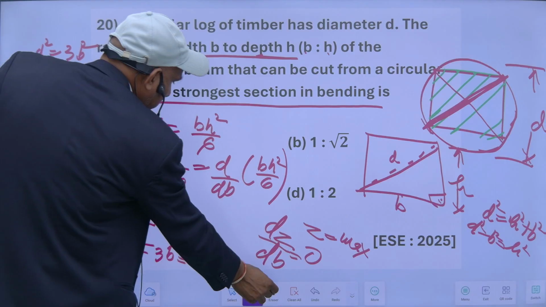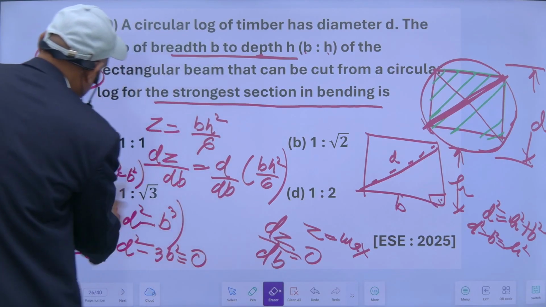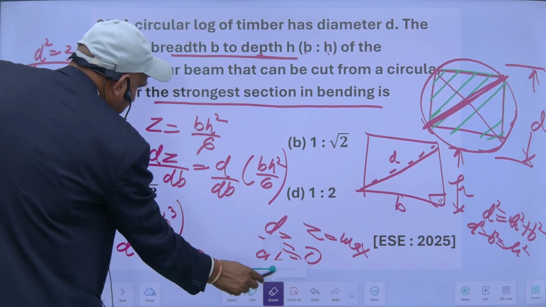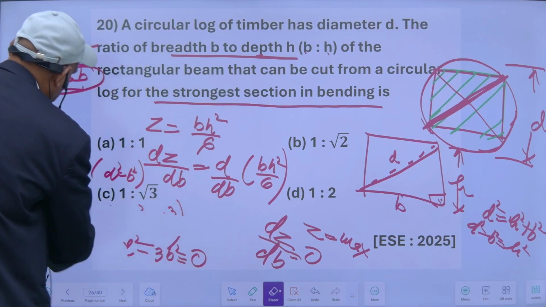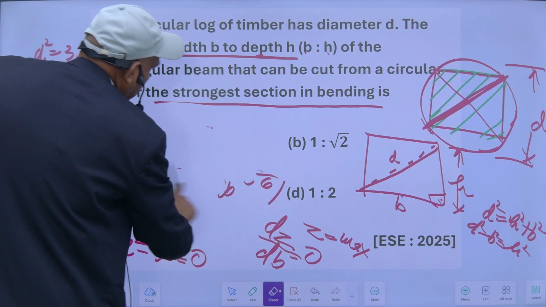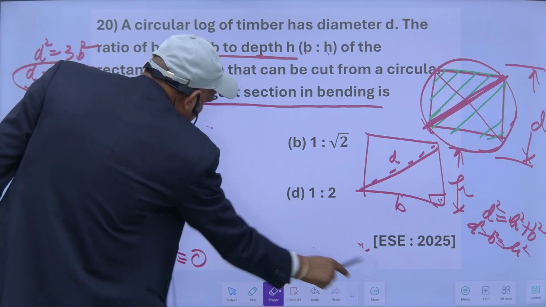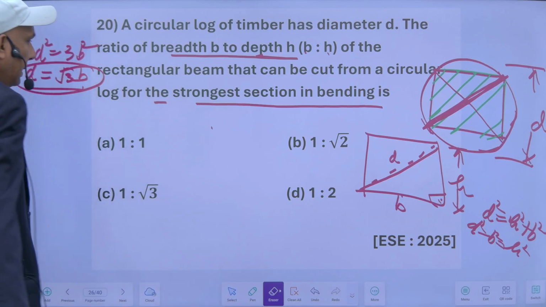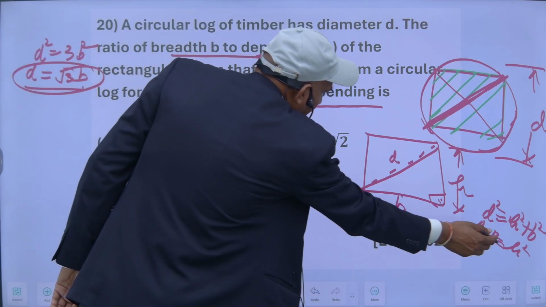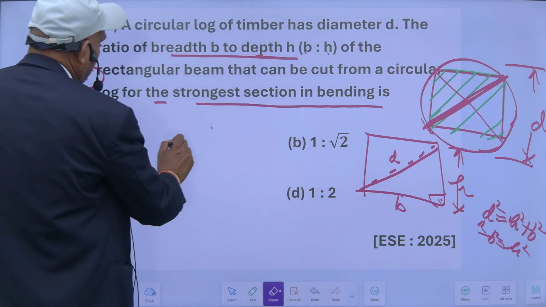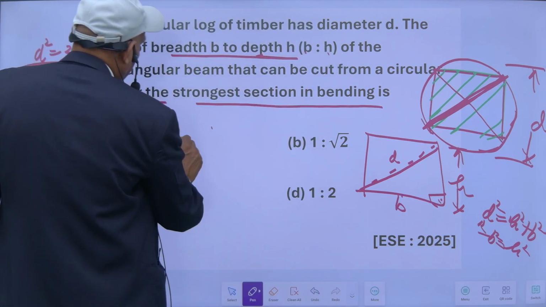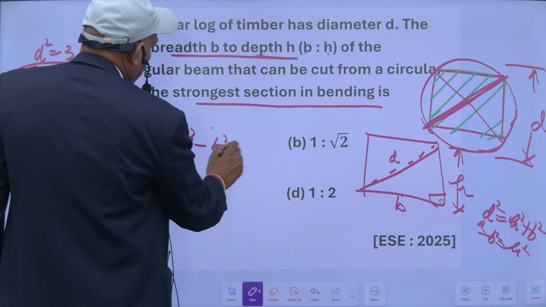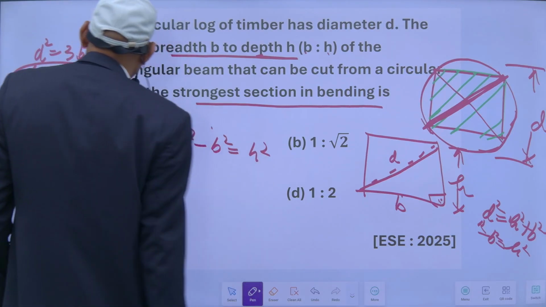Now as we know, d square minus b square is equal to h square.